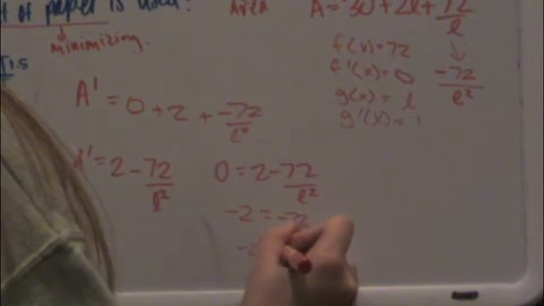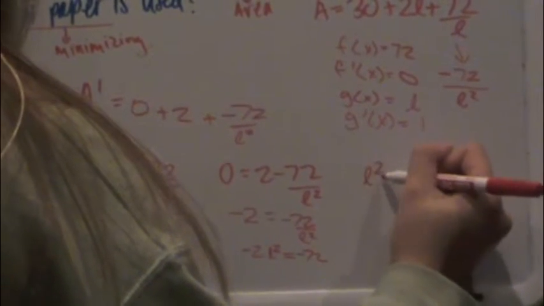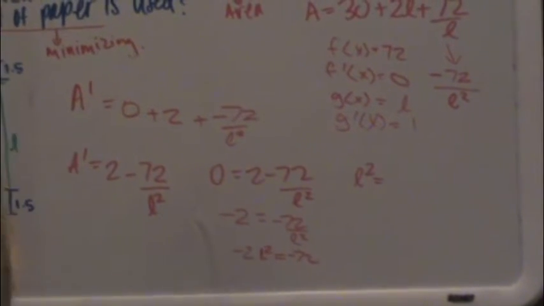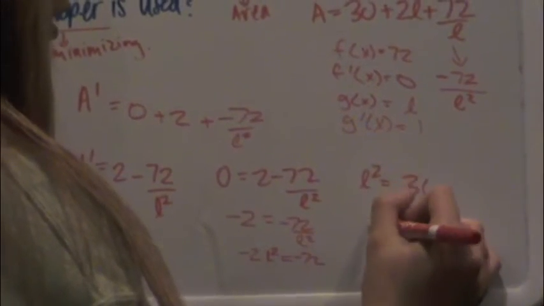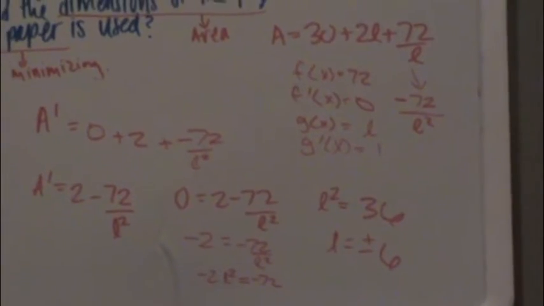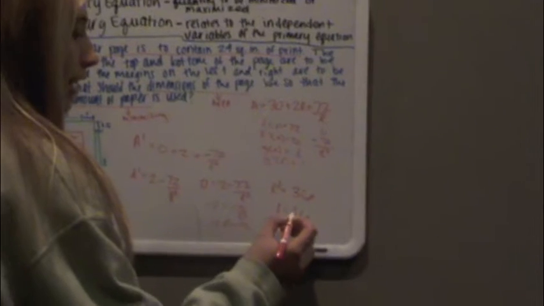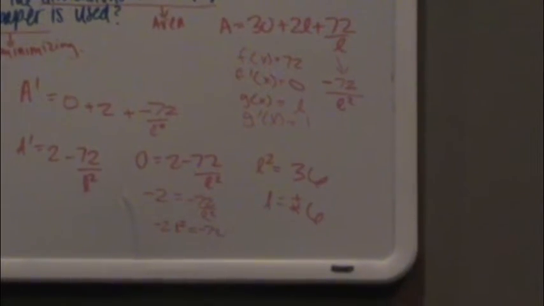Negative 2L squared equals negative 72. Dividing by negative 2 on both sides, L squared equals 36. Taking the square root, L equals plus or minus 6. Your length can't be negative, so we have to assume the length is just 6, not negative 6.